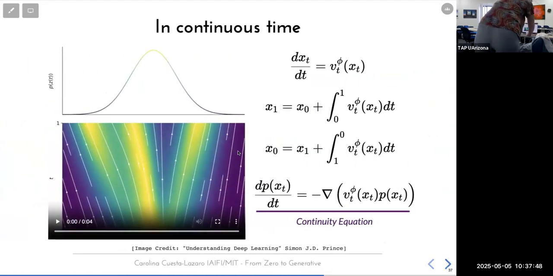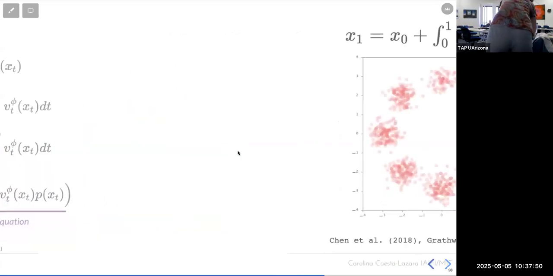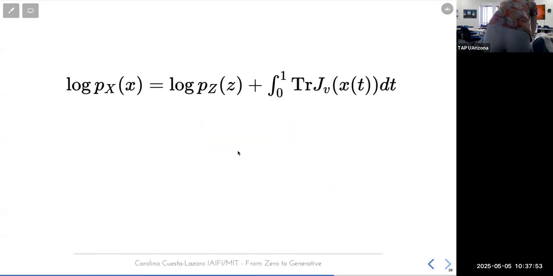Z here is X naught, right? So P of X is P of X naught plus this Jacobian term. Well, X is the end state. So let's say I give you an image X of a galaxy and I want to compute how likely is that image, right? I want to get a probability value for a particular image.